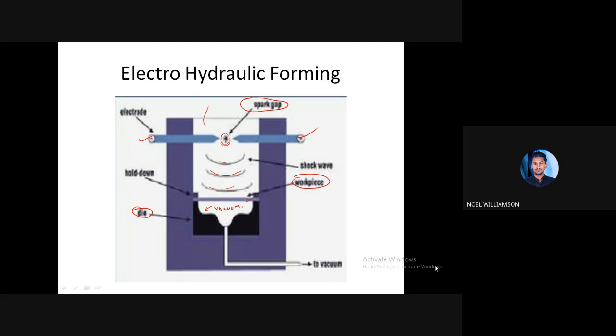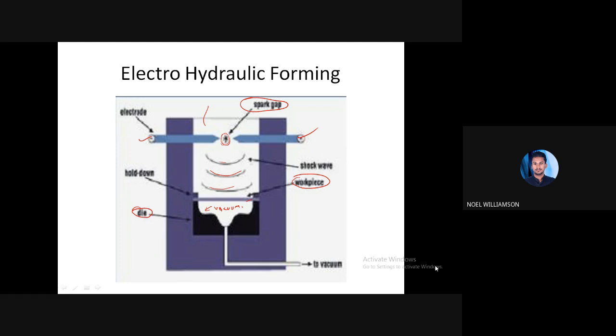So what happens is we need to repeat the operations several times. We cannot form the particular workpiece in a single shot. Rather, we have to repeat several times in order to achieve the desired result.